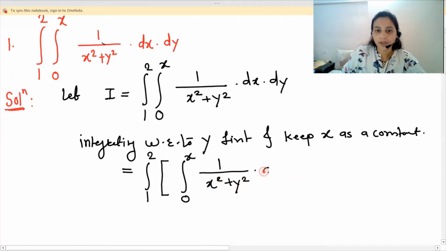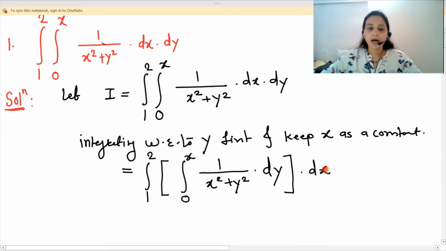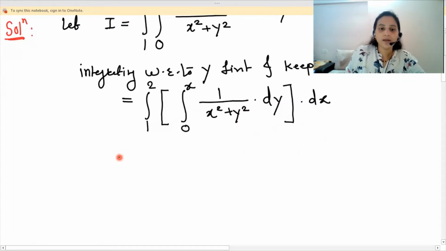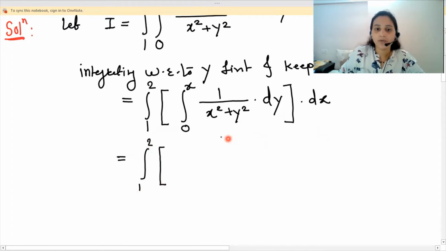With respect to y we are going to integrate, and then dx, right? So I have put a bracket over here. Now next step, which is equal to the outer integration 1 to 2 as it is, bracket. Now we are going to integrate this bracket.